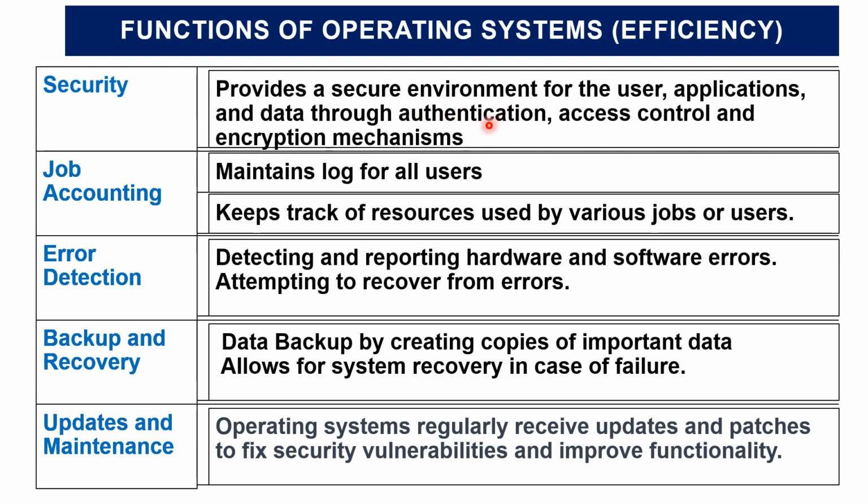That is an example of authentication. Similarly, access control means the permissions that are given to a specific user. And also data encryption. These three mechanisms, user authentication, access control, and encryption, are used by the operating system to provide a secure environment.